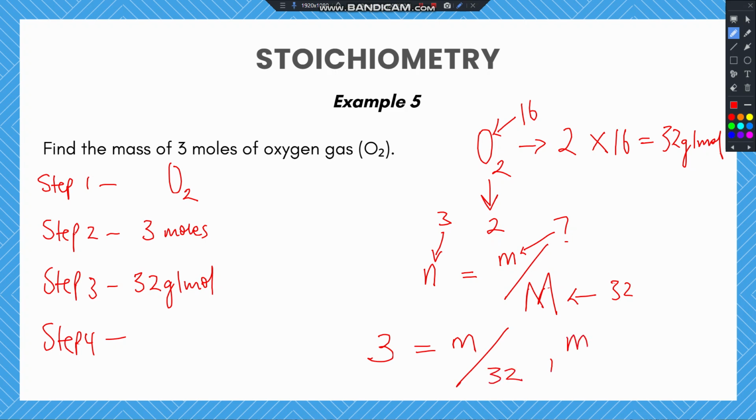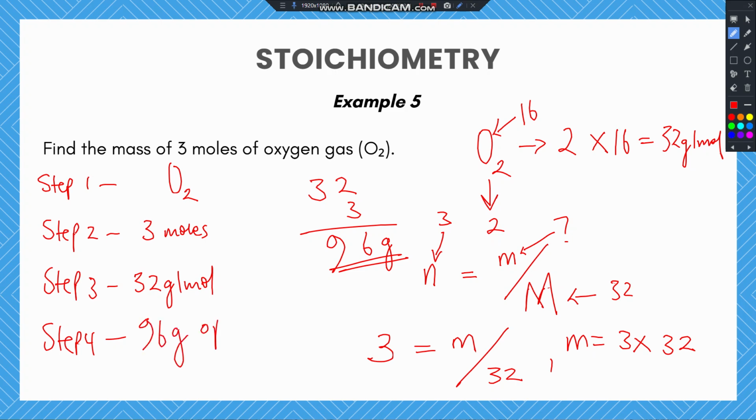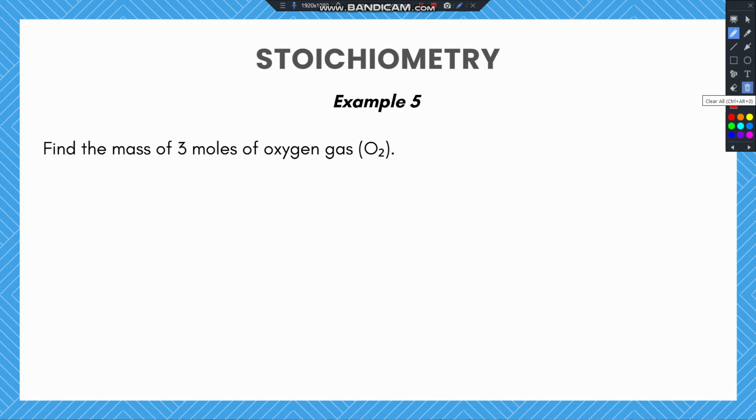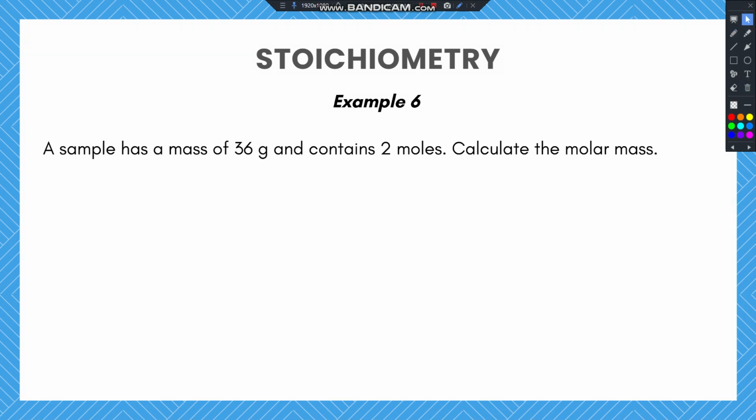So m is equal to 3 times 32. 3 times 32, let's do that very quickly. This is 6 and this is 96 grams as the mass. 96 grams of oxygen, O2. So you can see how this was done. Mass is measured in grams.